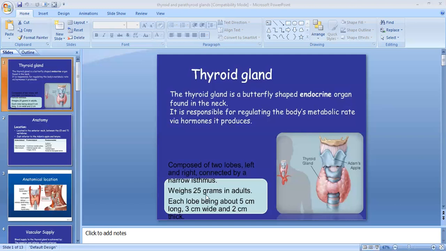Weight of the thyroid gland is about 25 grams in adults, and each lobe is about 5 centimeter long, 3 centimeter wide, and 2 centimeter thick.